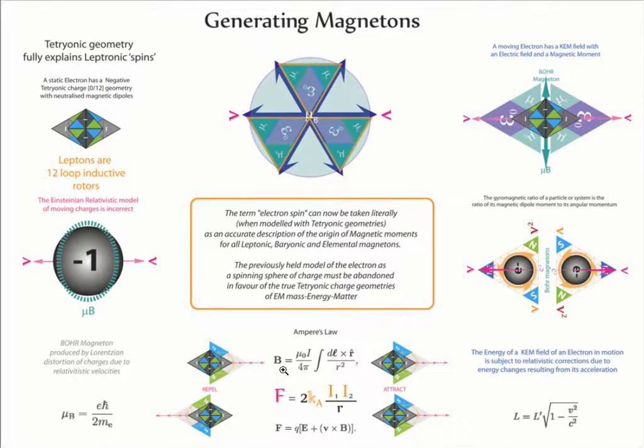So in the case of charges or charged matter in motion, irrespective of whether it's an electron as illustrated here or any other charged particle or any particle made up of charged geometries, Tetrionics will explain a number of things that still remain, even with relativity, to be mysterious.